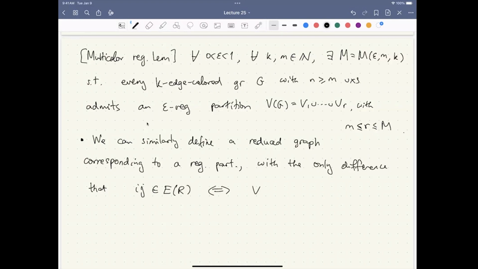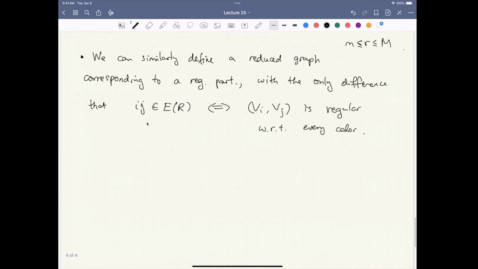If and only if Vi, Vj is regular with respect to every color. For this application's purpose, we don't care whether the pair is dense or not, because there are k graphs between a pair Vi, Vj.